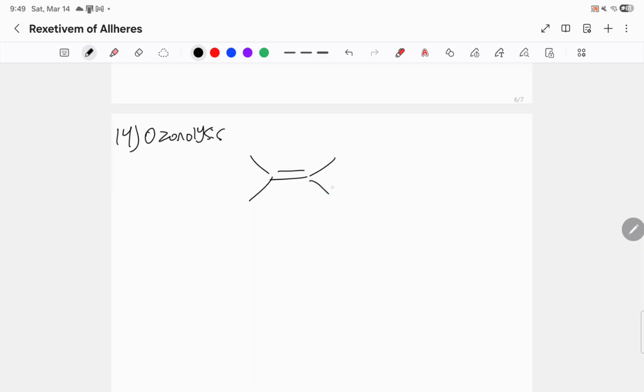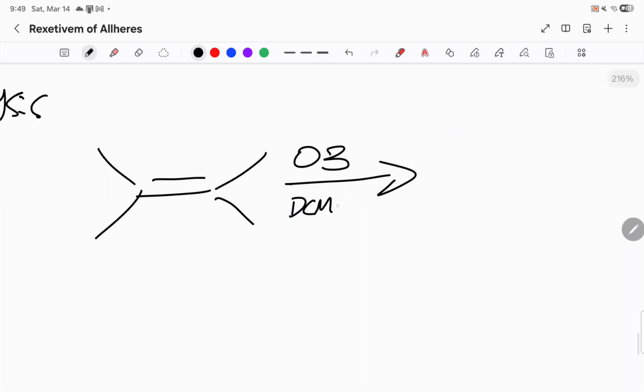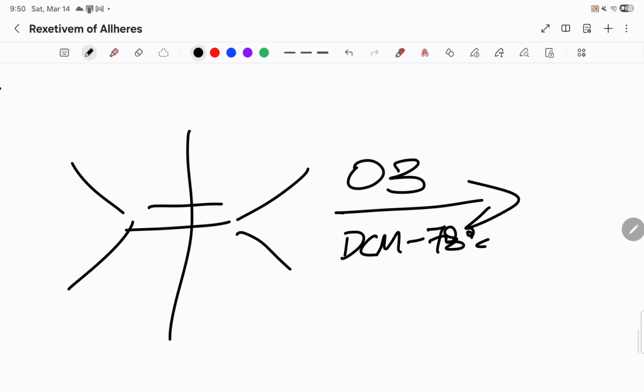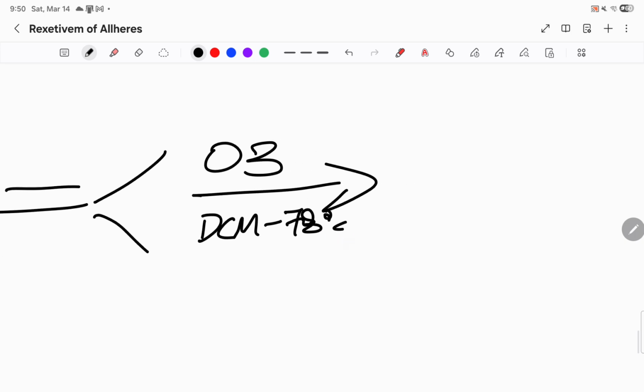When I add ozone in dichloromethane at minus 78 degrees Celsius, I essentially cleave this bond. That's essentially what I'm doing in reality. I'm essentially just getting rid of that bond, and I am creating a ketone, okay?